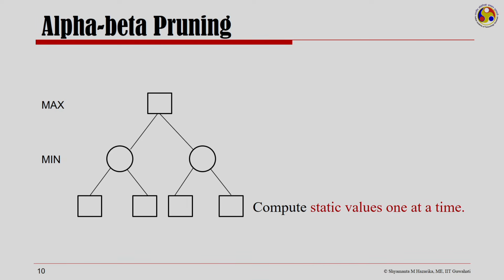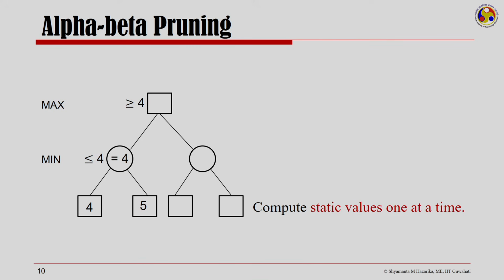We compute the first static value, which is 4. Now immediately we realize that one level up, that is the min, any value that he would be looking for would be less than or equal to 4. We then compute the next value and realize that this value is 5, and therefore min can stay with 4.